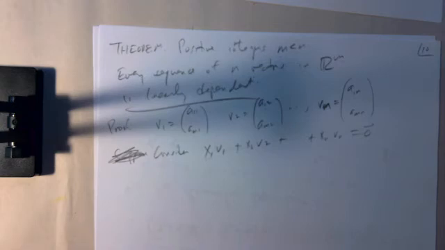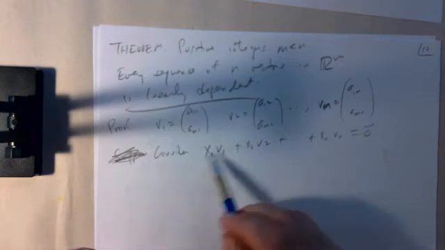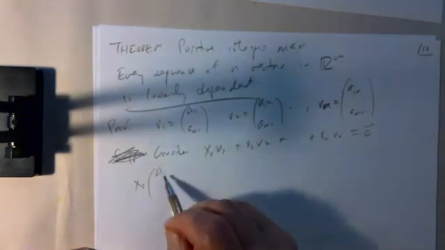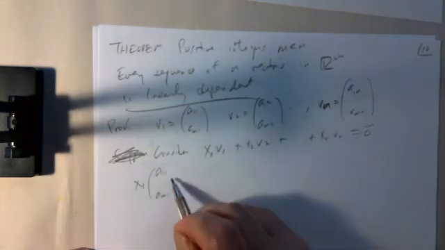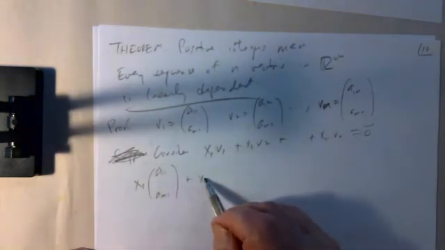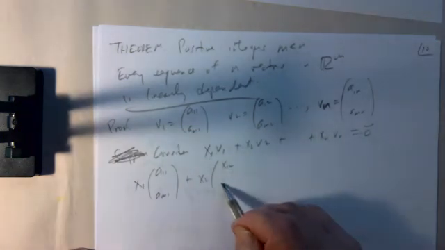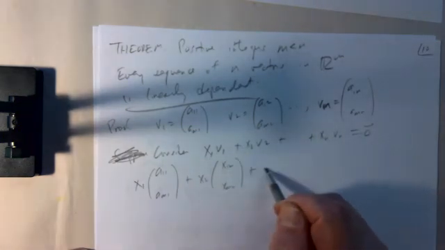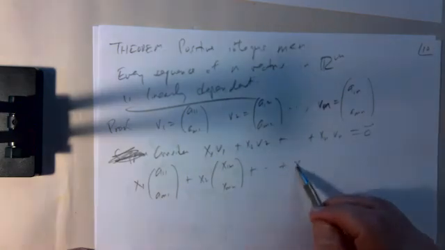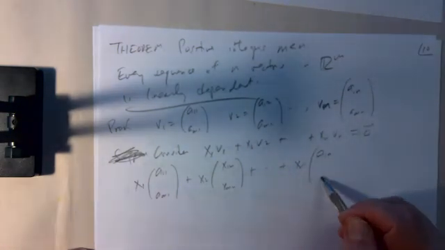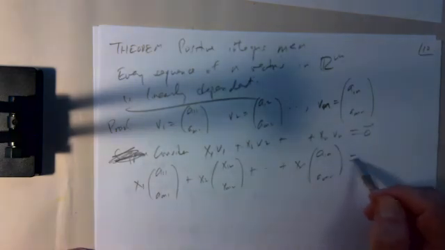So let's write this down very explicitly. x1 times the vector a11 down to am1, plus x2 times the vector a12 down to am2, all the way up to xn times the vector a1n down to amn. And that's supposed to be the 0 vector.